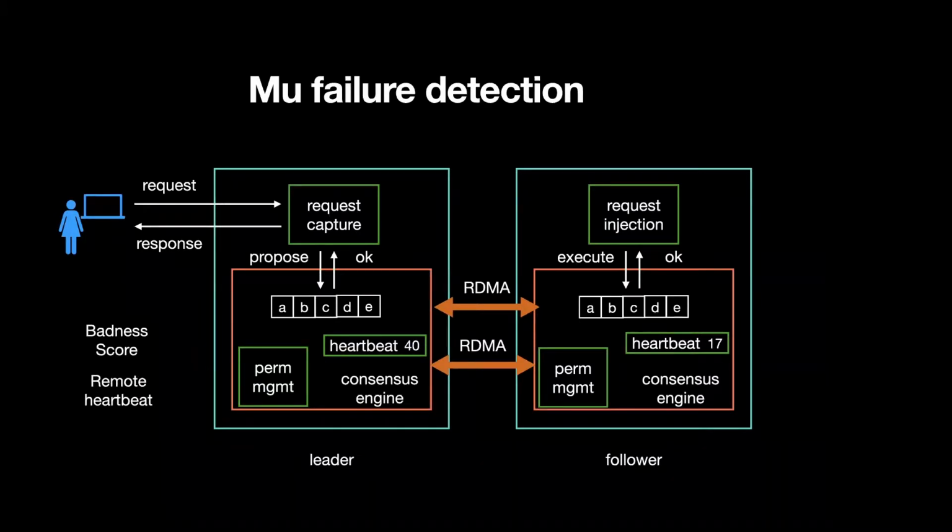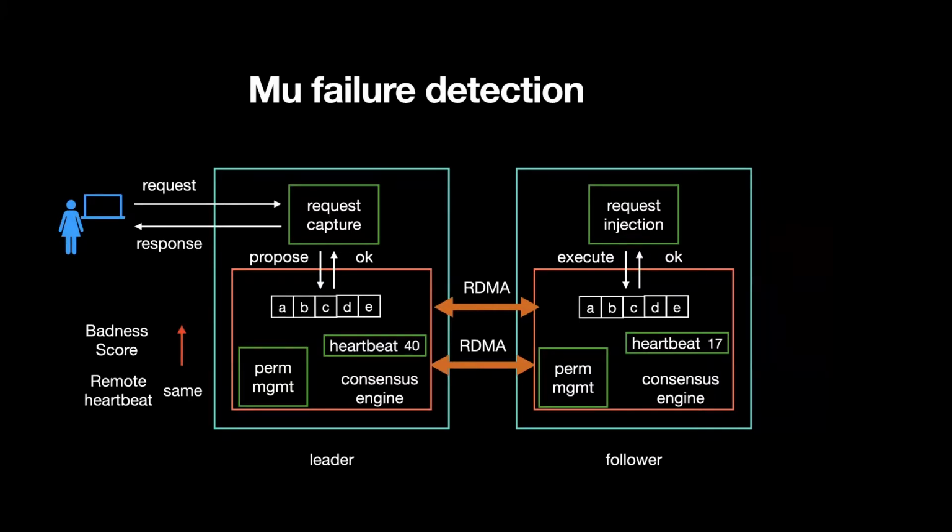It also assigns a badness score for other servers. The badness score reflects the level of confidence a server has in detecting other servers' failure. Every node, basically the followers, is monitoring the heartbeats on the other servers, and if the heartbeat stays the same, it increments the score.